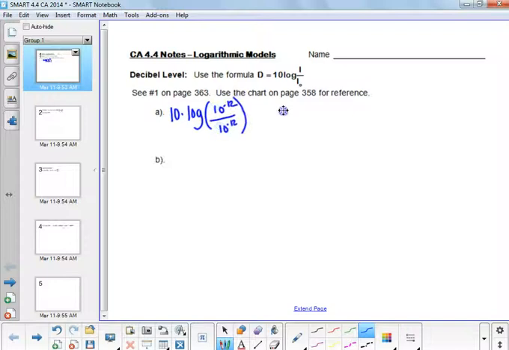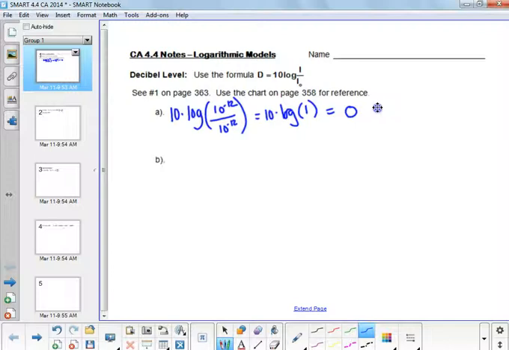Of course, 10 to the negative 12th over itself is really just a 1. So what you have is 10 times the log of 1, which is 0, I believe. That kind of makes sense.